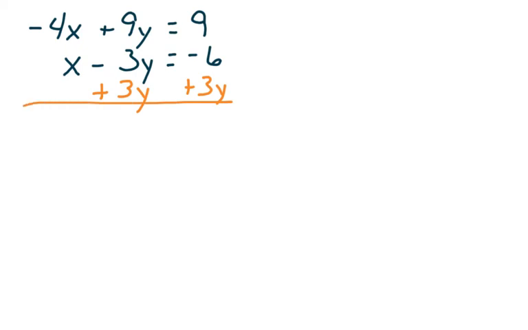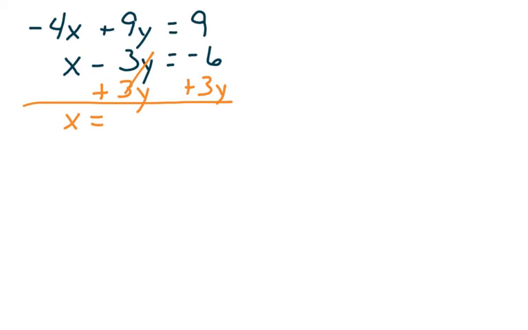Now, simplifying that, I get x is equal to, that cancels out. Now, negative 6 plus 3y, those are not like terms because the 3y has a y and the negative 6 does not. So we're going to make a binomial here, or two little terms.